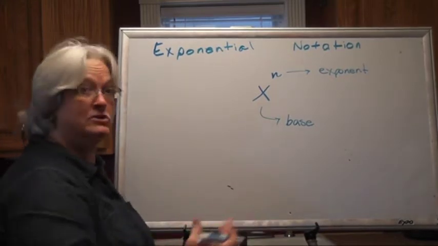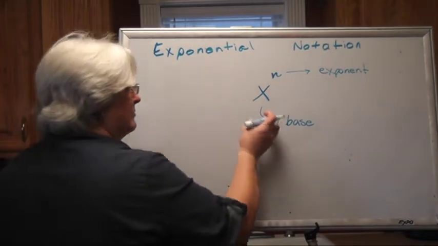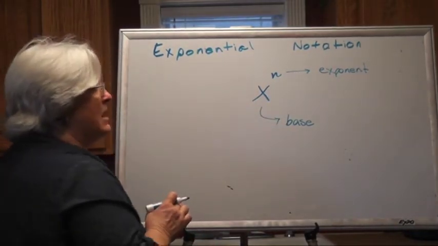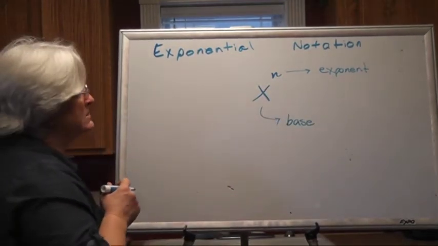Remember, we're in algebra, we're using letters to represent the fact that we might not know what that factor is, what that base is, and we might not know what the exponent is.